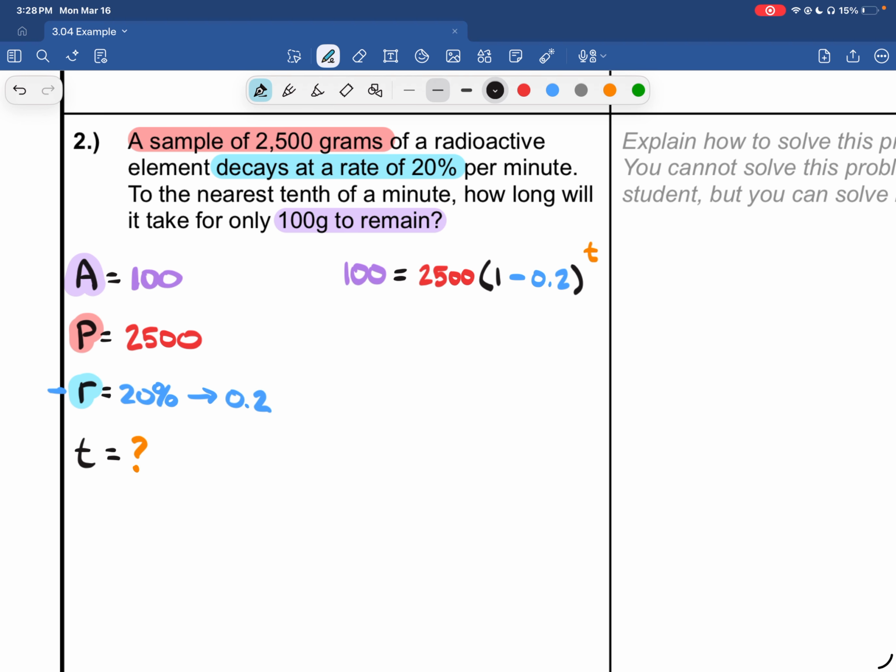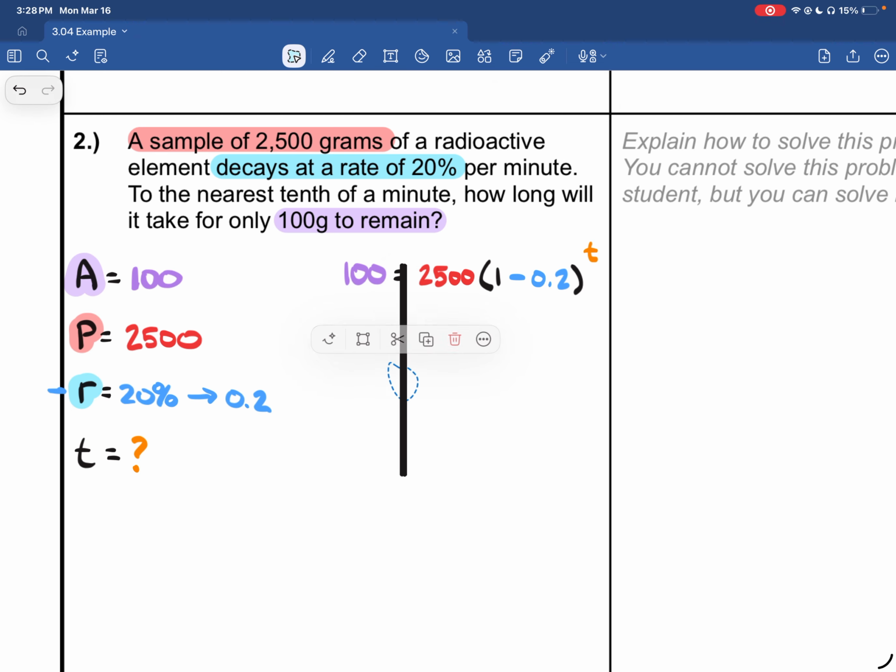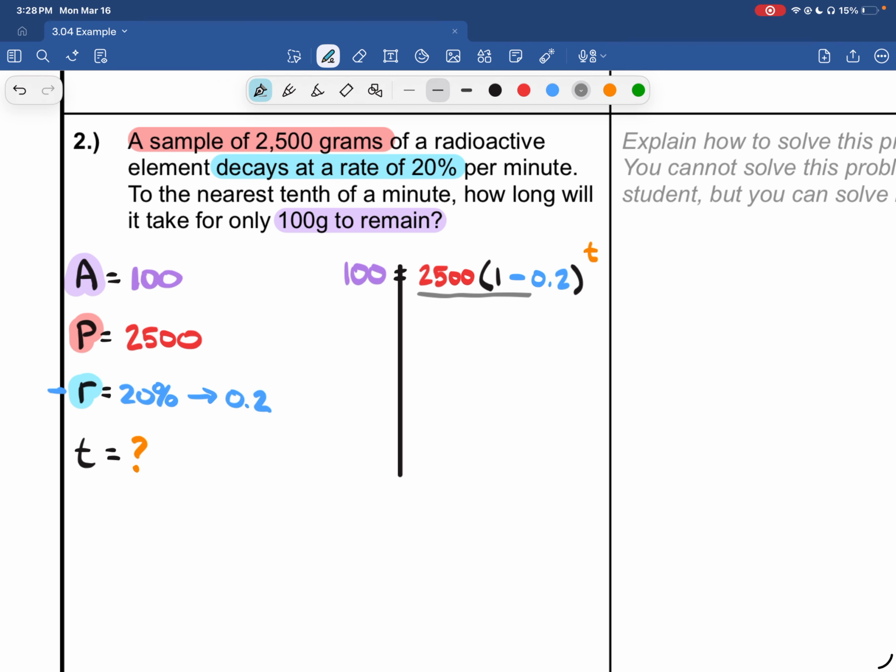Now, if I go to solve this by hand, my first step should be to divide both sides by 2,500. Now, 100 divided by 2,500 just comes out to 0.04, or 1 over 25.